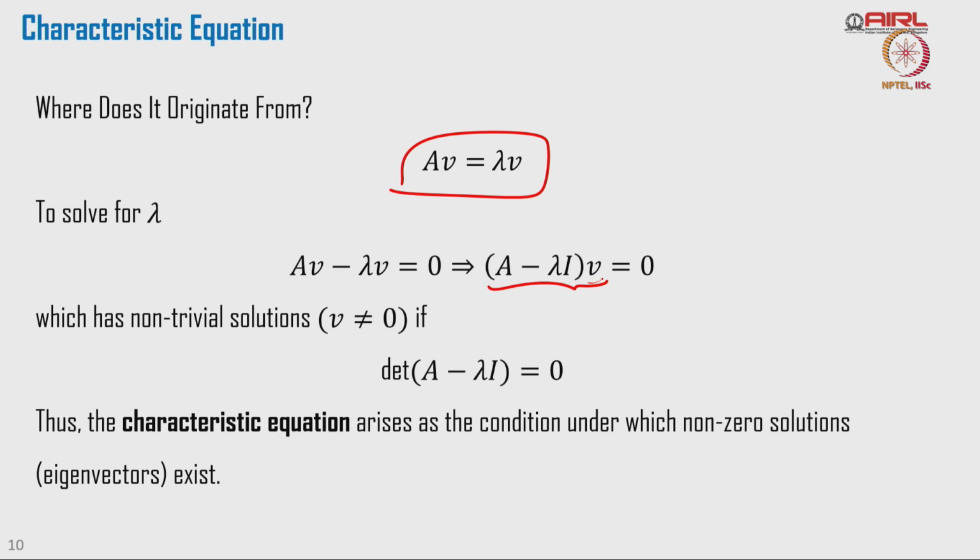This system will have a non-trivial solution, meaning a non-zero solution for vector V, if this condition is satisfied, if the characteristic polynomial is equal to 0, and that will happen when these lambda values are equal to the eigenvalues of the matrix A. And this characteristic equation basically arises as the condition under which non-zero solutions exist.